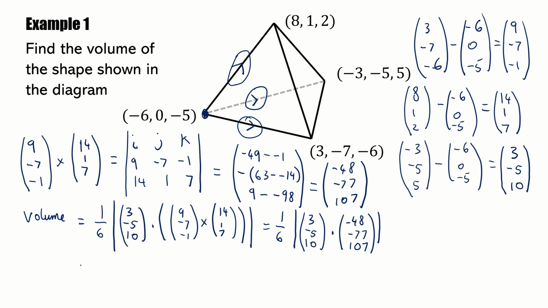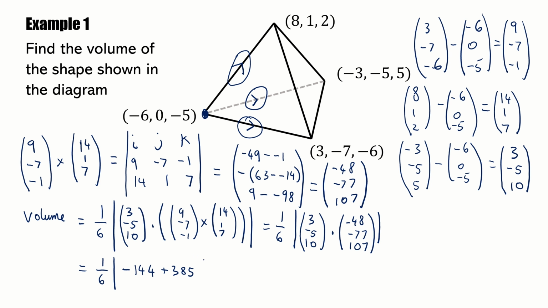And therefore, then we can work that out, because that will just be 1/6 lots of the modulus of 3 times minus 48, which is just minus 144. We have minus 5 times minus 77, which will be a positive 385.